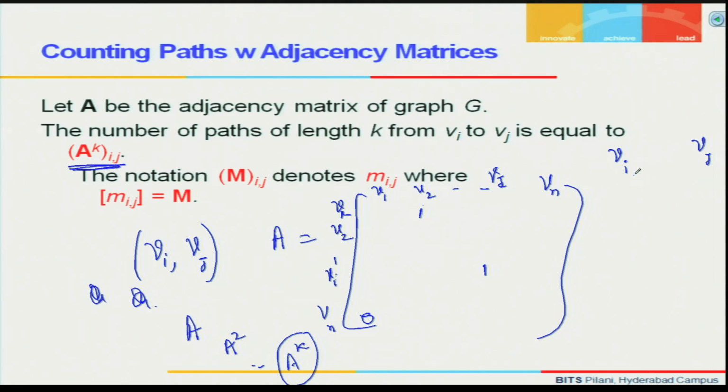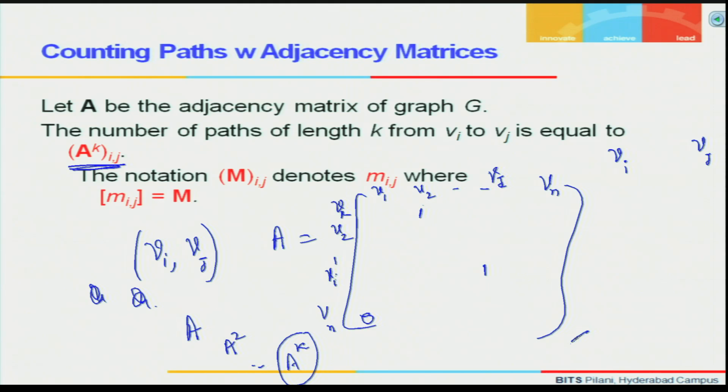So how many paths of length k are available in the graph is found by taking the ijth element of A power k.